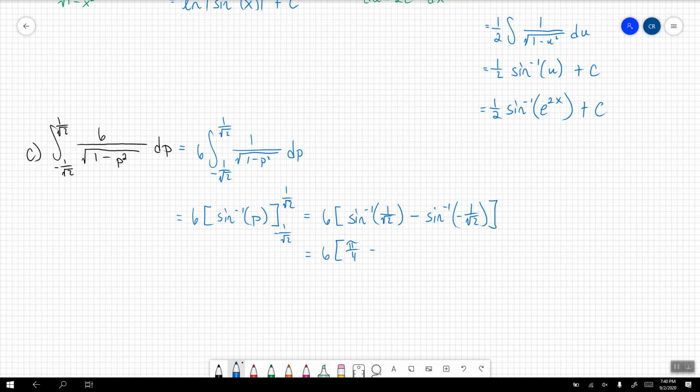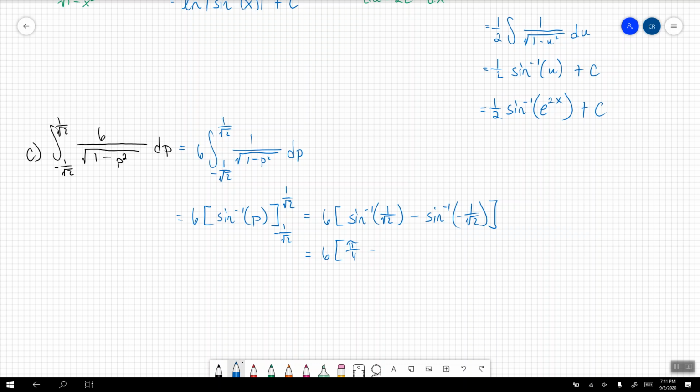All right, that one is a little tricky. And it's a little tricky because of this value. Sine inverse can only be evaluated for angle measurements between negative pi halves and pi halves. The ratio for sine is negative on 2 different quadrants.